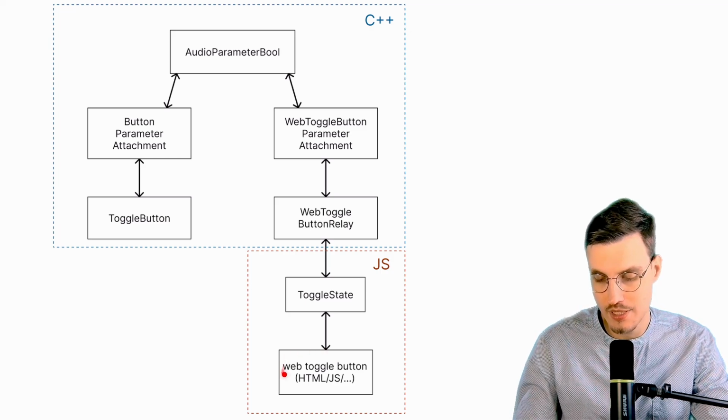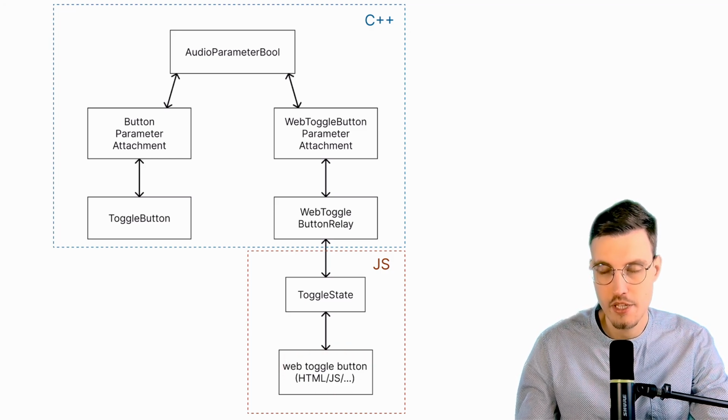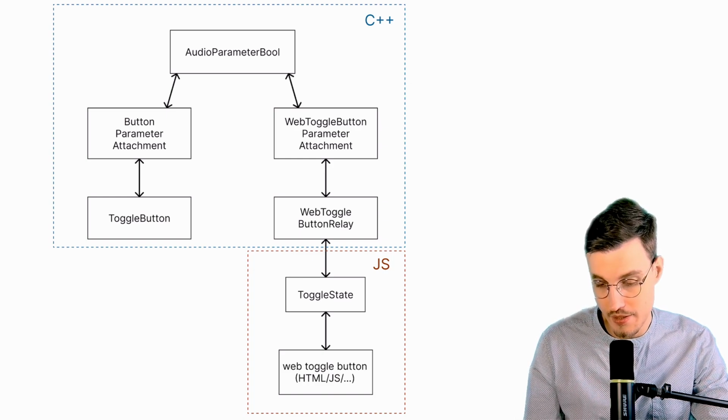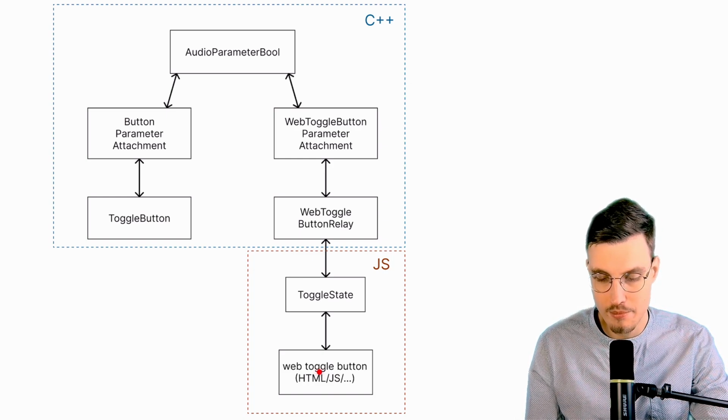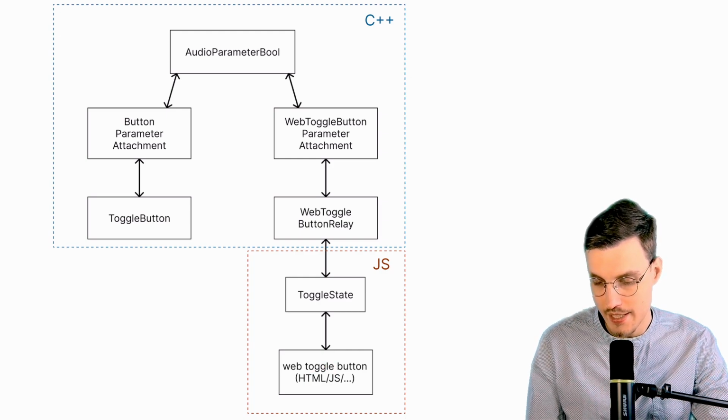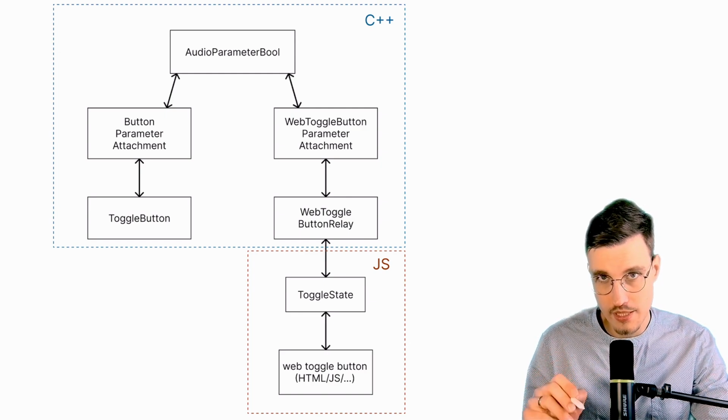Again, you're not limited to any single technology here. You can use any web-based technology. The simplest thing that we can do is an HTML input element of type checkbox that, again, must be synced in our JavaScript code with this toggle state. So if the user clicks in the WebView UI on our input HTML element, then we'll notify this toggle state, and we'll also observe this toggle state changes.